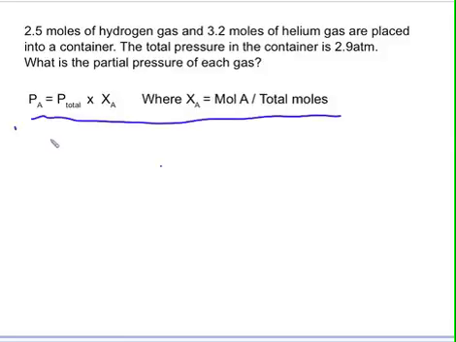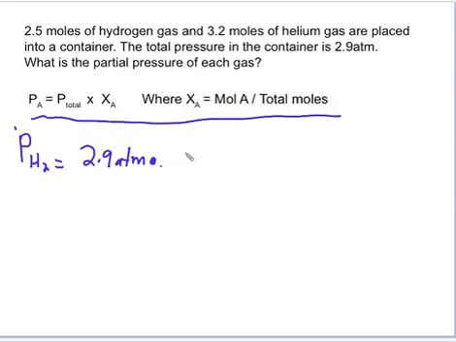So we want to find the partial pressure of each gas, so let's start with the pressure of H2. So we'll go pressure of H2 equals the pressure total, which is 2.9 atmospheres, and we're going to multiply that times the mole fraction of the hydrogen gas.